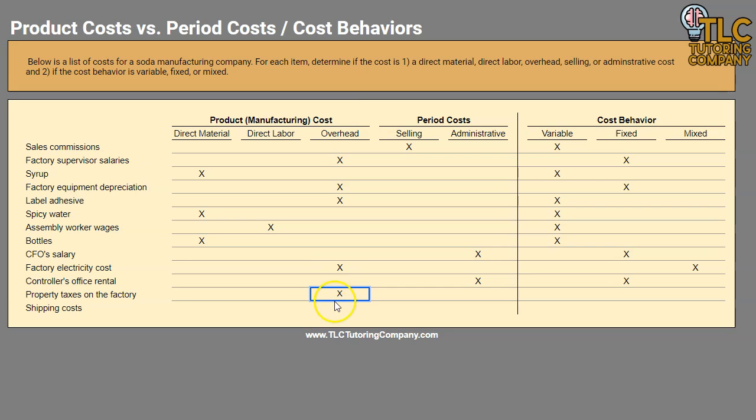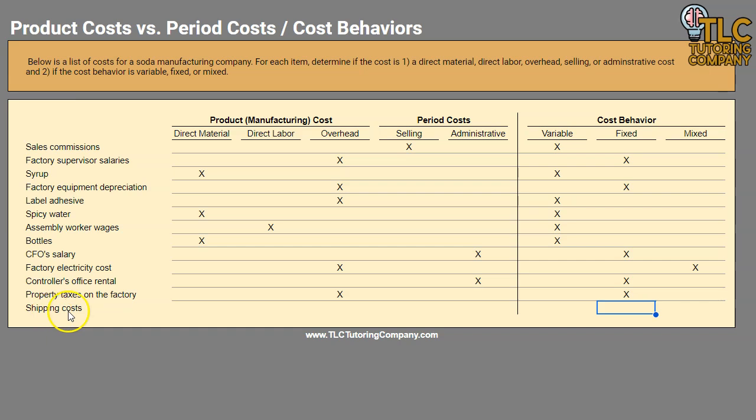We're seeing a lot of different things fall into overhead, and it really is true. If you think about that factory, that manufacturing process, if it's not a direct material or not a direct labor, it's going to fall into this overhead category. And property taxes, they don't care how much you're producing. So that's just going to be fixed.